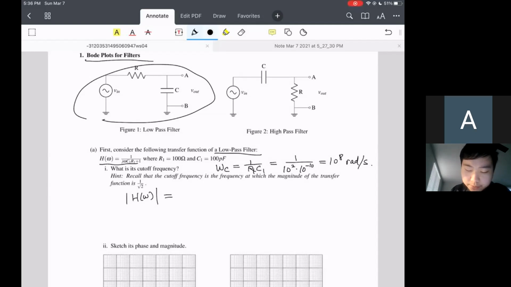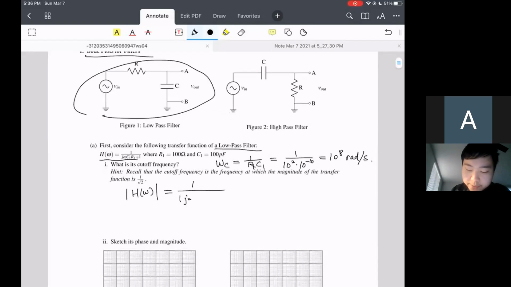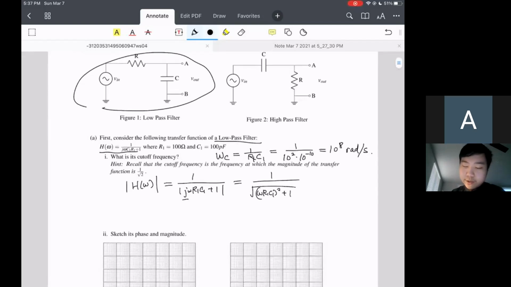So that's equal to the magnitude of 1, which is just 1, over the magnitude of jωR1C1 plus 1. Because j is just the imaginary unit, that is equal to 1 over root of (ωR1C1) squared plus 1.